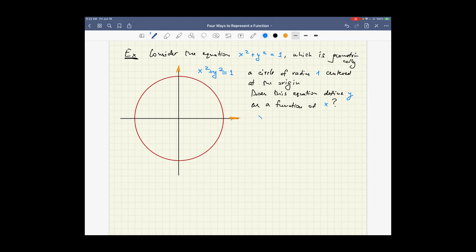If we take this equation, x squared plus y squared equals 1, that's equivalent to y squared being equal to 1 minus x squared, which is equivalent to the root of y squared being equal to the root of 1 minus x squared, of course under the assumption that 1 minus x squared is non-negative.